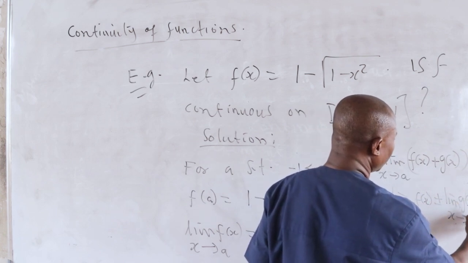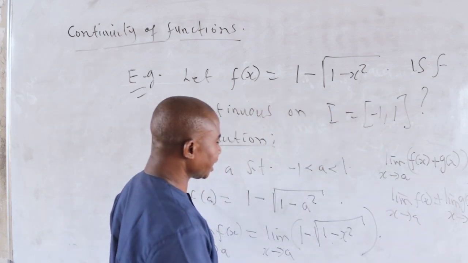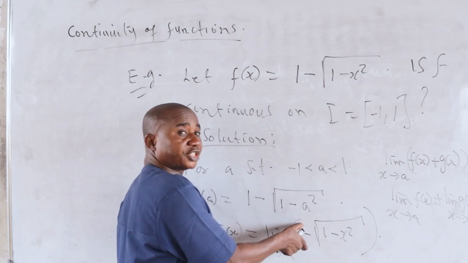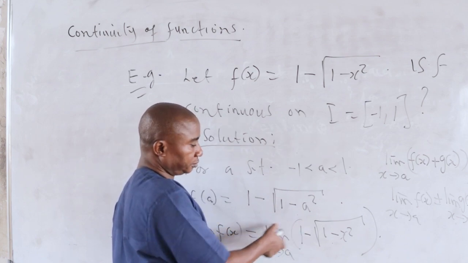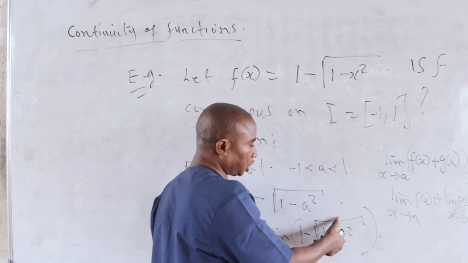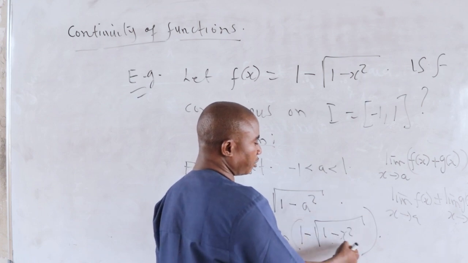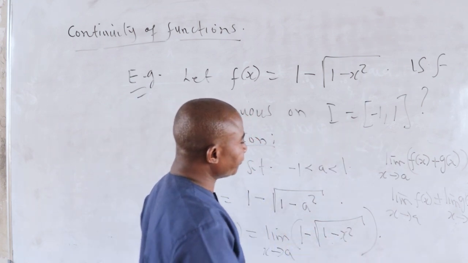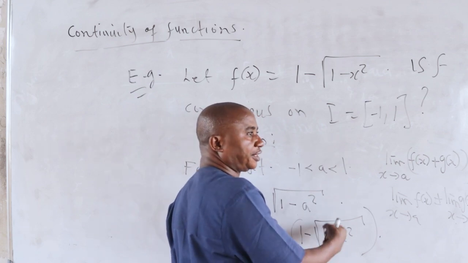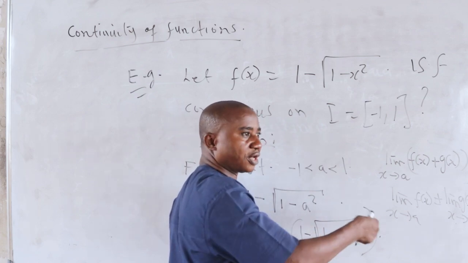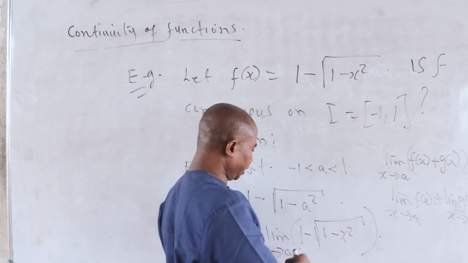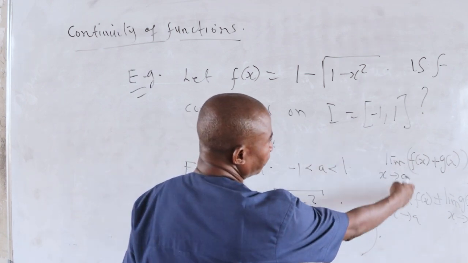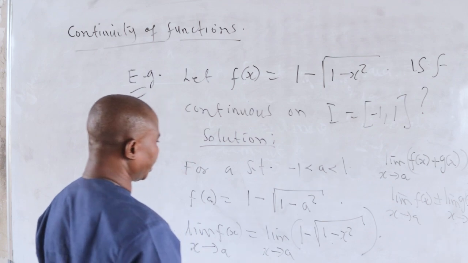We're in that situation here. I can take f of x equal to 1, which is a constant function. I can take another function g of x, the square root of 1 minus x squared. Even inside g of x, I can still rewrite it as a function of another function. And so at the end of the day, we can pass this limit inside, just by following the laws of limits that we already know.